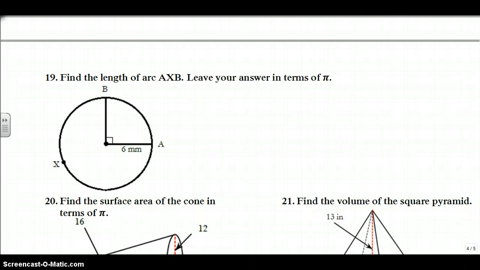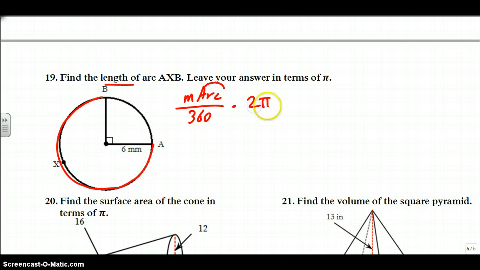Okay, so find the length of arc AXB. Leave your answer in terms of pi. Well, AXB is this on the outside here. I know arc length formula. I take the measure of the arc I want divided by 360, and I multiply. Since I want length, I multiply by 2 pi r over 1. Okay, because 2 pi r is circumference, and arc length is basically a fraction of the circumference of the circle. Well, anyway, what's the measure of this?